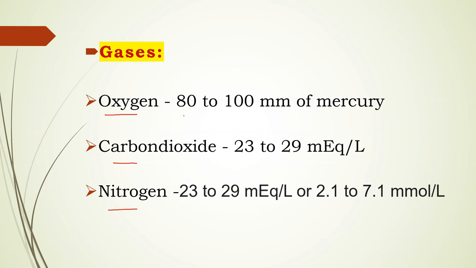Oxygen is 80 to 100 millimeters of mercury, and carbon dioxide would normally be 23 to 29 milliequivalent per liter. Nitrogen would be 23 to 29 milliequivalent per liter, or 2.1 to 7.1 millimolar per liter. These are the normal constituents. Remember only one thing, that the gases present in the plasma are oxygen, carbon dioxide, and nitrogen.